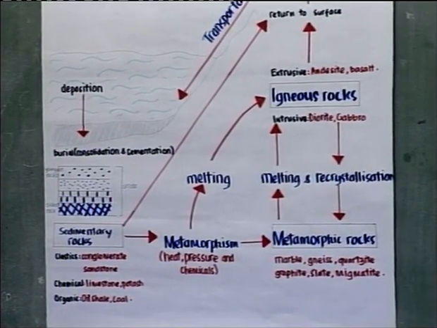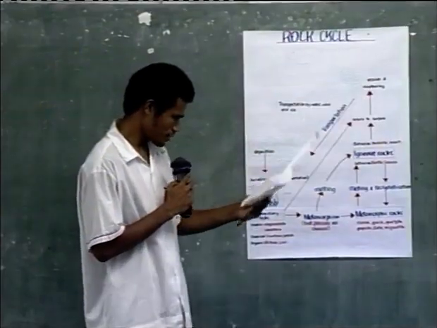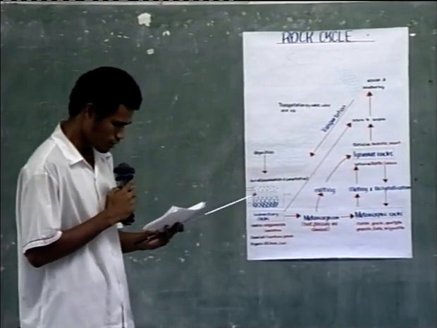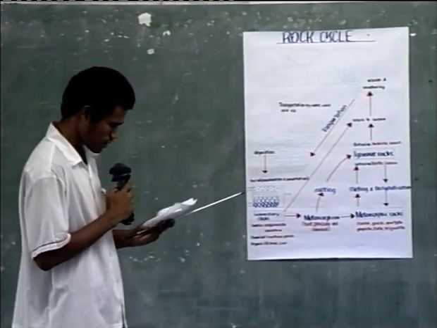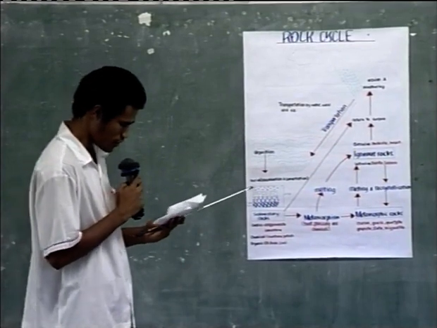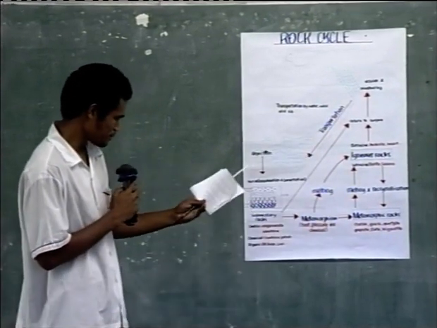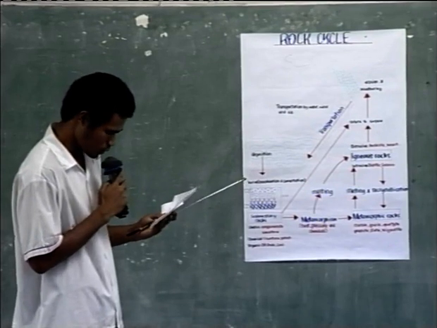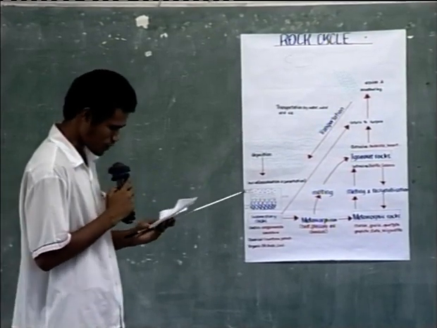The rocks which are exposed on the surface are broken down through the process of weathering. The rock particles are then transported and deposited by water, wind, and ice through the process of erosion.